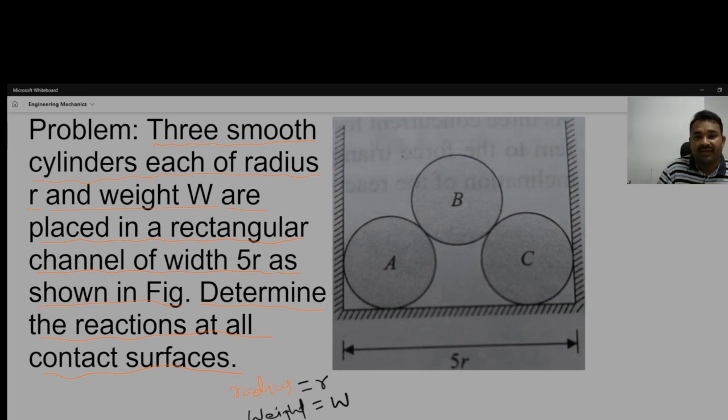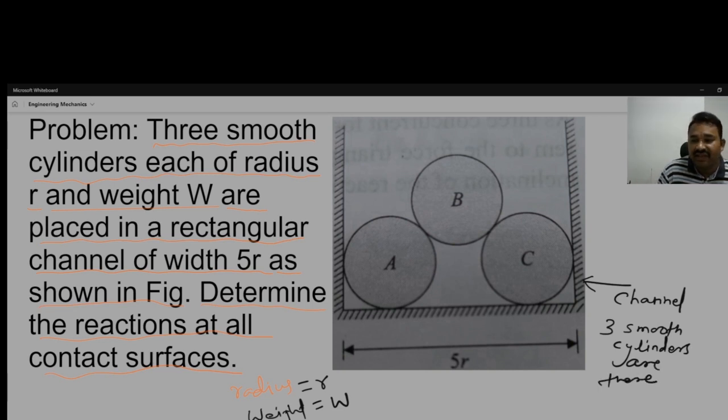So you can see this is the channel, and three smooth cylinders are there.